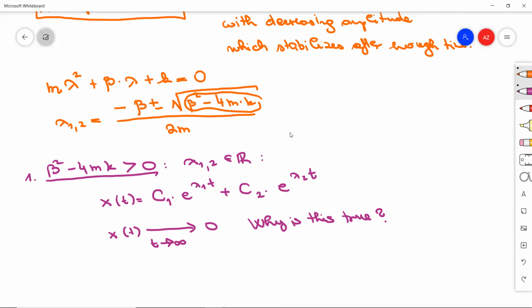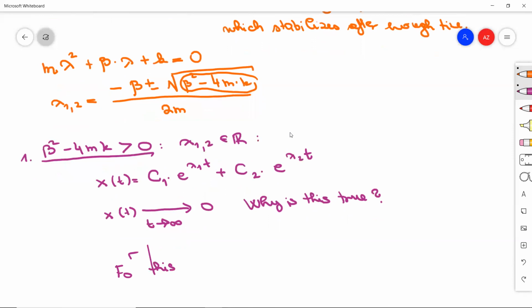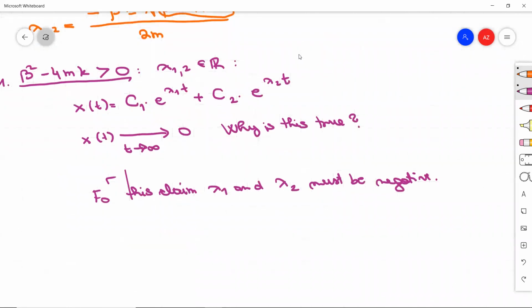For this claim, lambda 1 and lambda 2 must be negative. Why is this true? How would we check that this is really true?